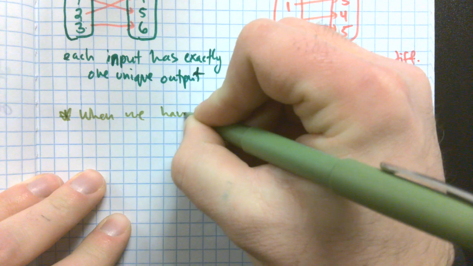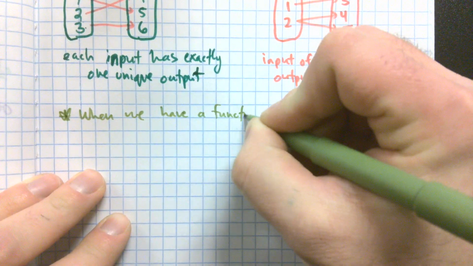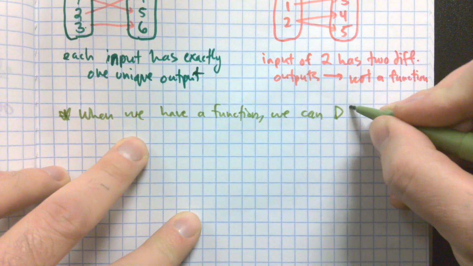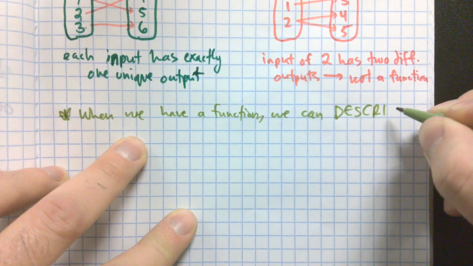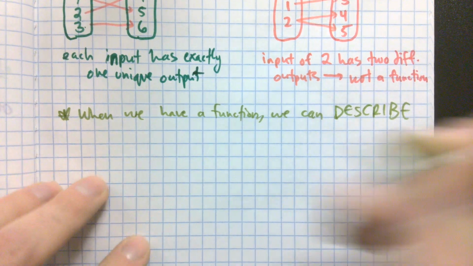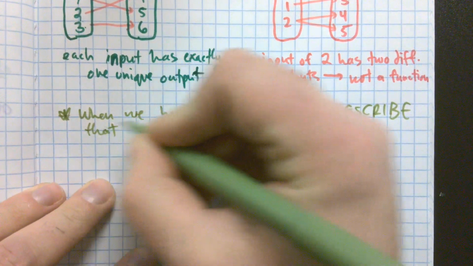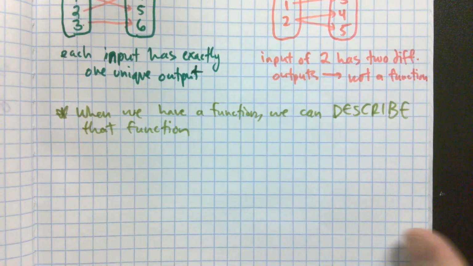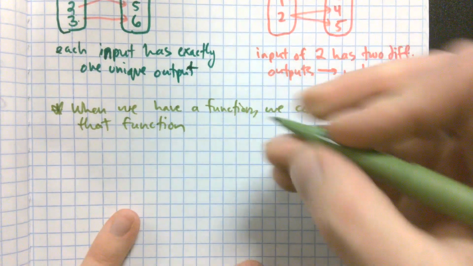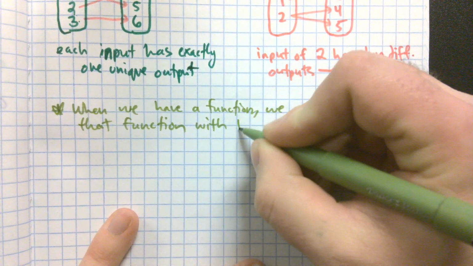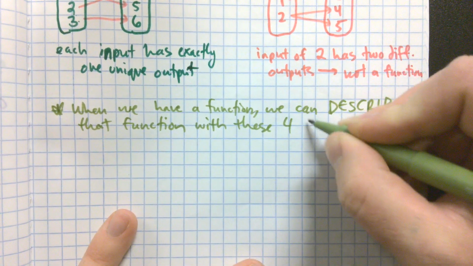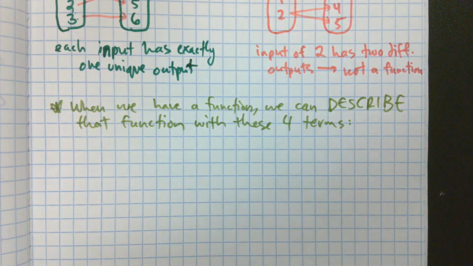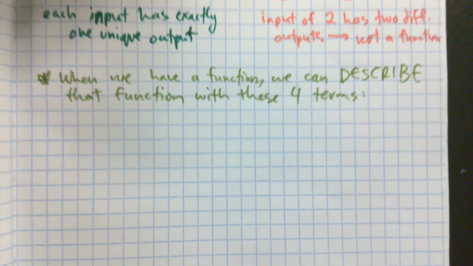When we have a function, we can describe that function with these four terms. And it's exactly what we just saw on that Blooket activity.